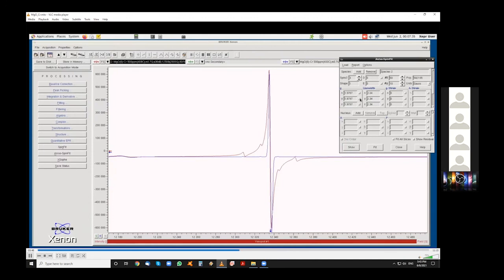And now I will try to optimize all the parameters.